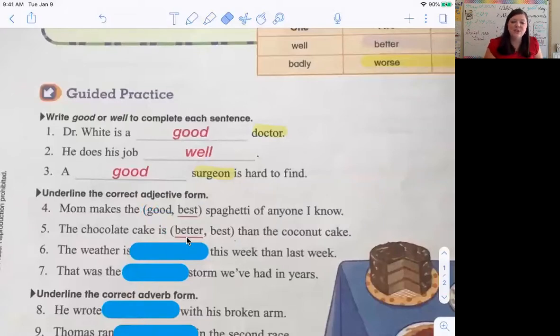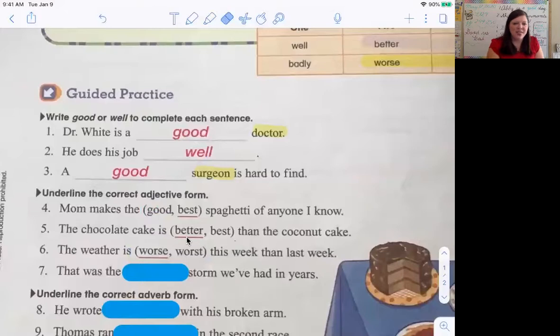Number 6, the weather is worse or worst this week than last week. How many weeks are we comparing? 2, this one to the last one. If we're comparing 2 things, let's use worse. Do you see that R and E in there? They're kind of jumbled up.